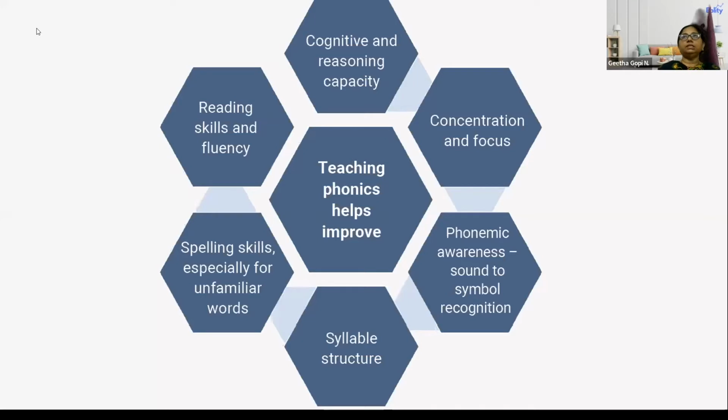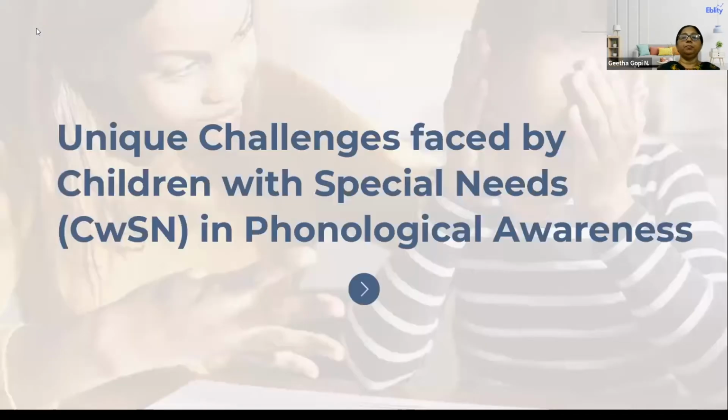And when that translates into writing, phonics instruction also has a very good positive impact on spelling skills when the children write down the words that they've learned. So it contributes to better spelling skills as well.